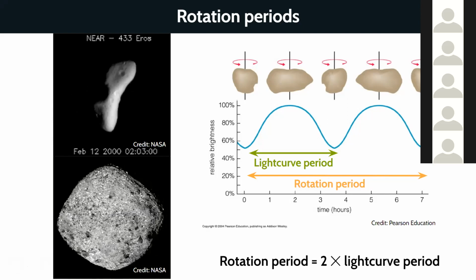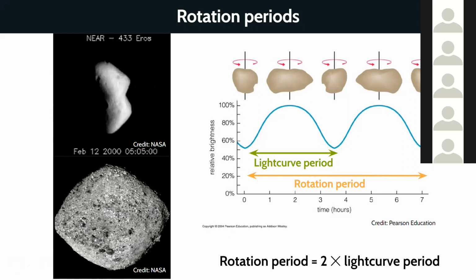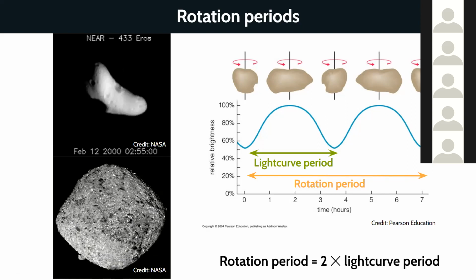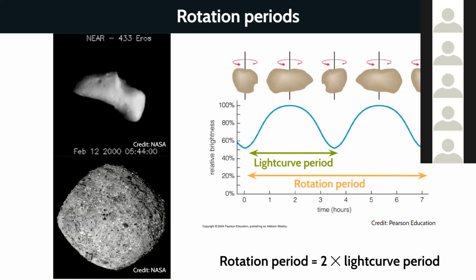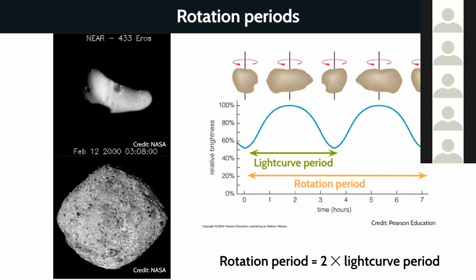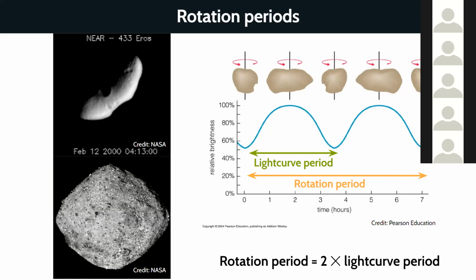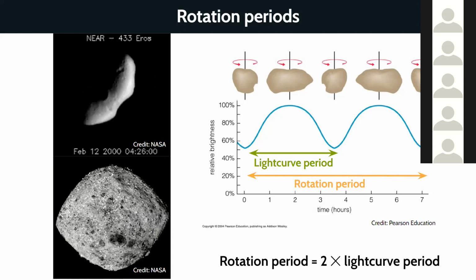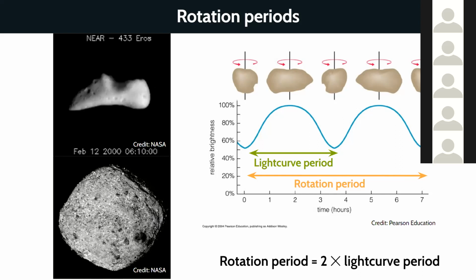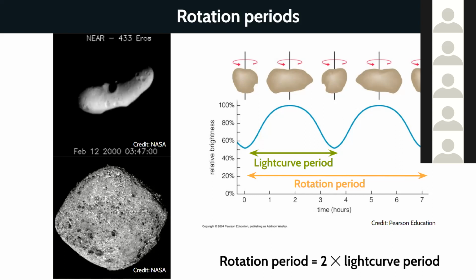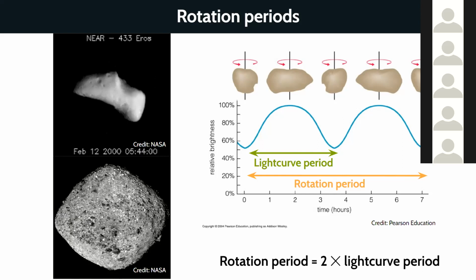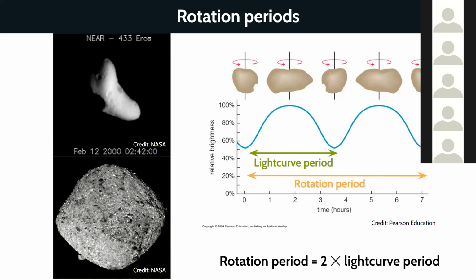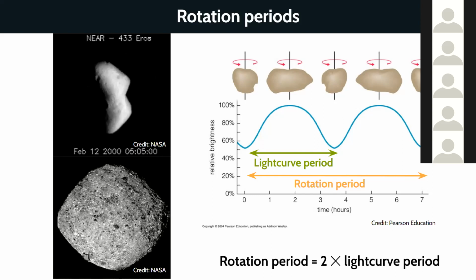Other factors that can influence the light curve of an asteroid are that some of them are tumbling. Think about throwing a brick through the air. It doesn't rotate on just one axis, but around more than one axis. And some asteroids can even have a companion. All of this will affect how the light curve looks.